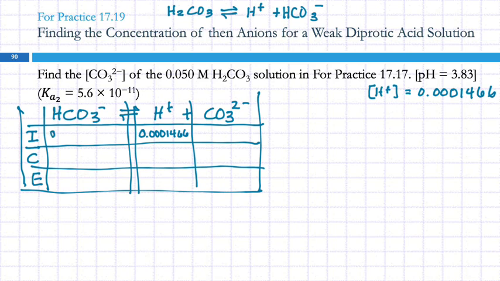So this is also 0.001466. What's the carbonate ion initial concentration? 0. Okay, so this side's going to be plus x. This side's going to be minus x. 0.001466 minus x.